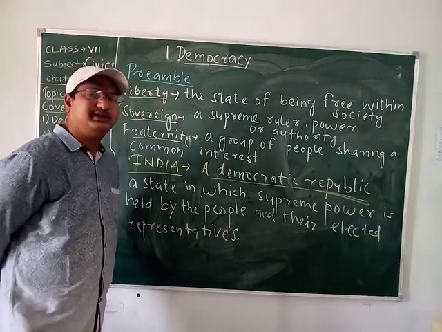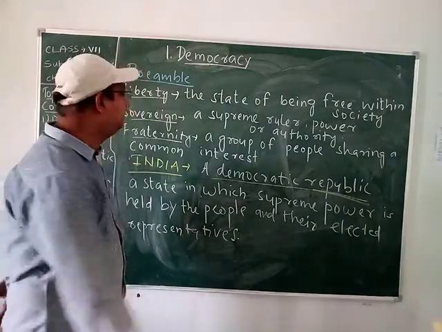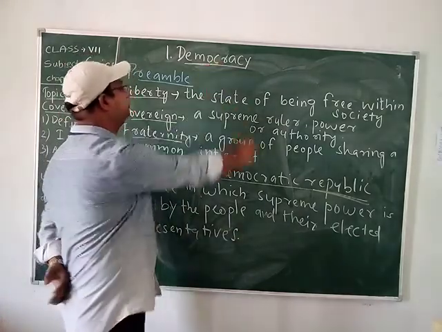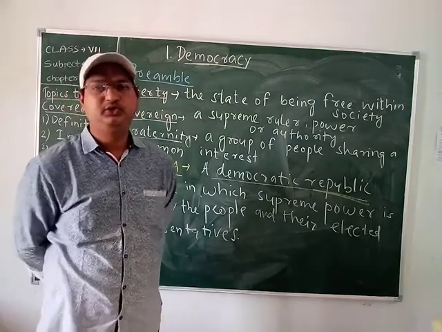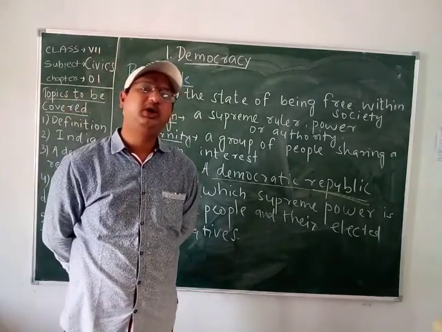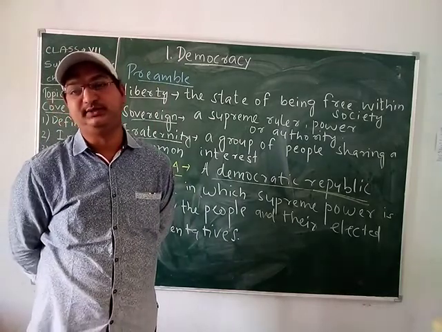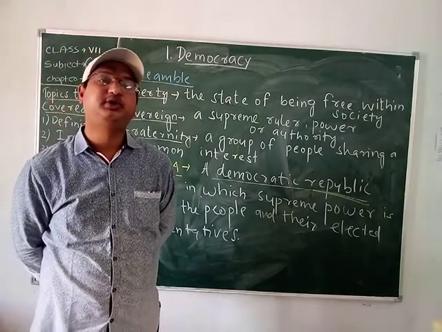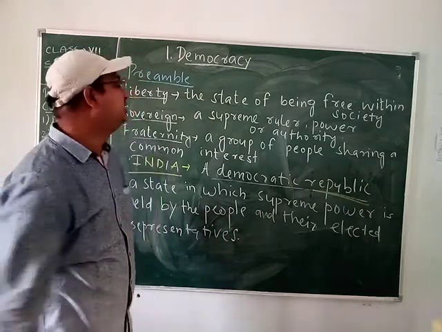Then students, there is a topic called preamble. We'll read about it in the next few minutes. What is the preamble? Why is it necessary? It is necessary because it is enshrined in the constitution of our country.